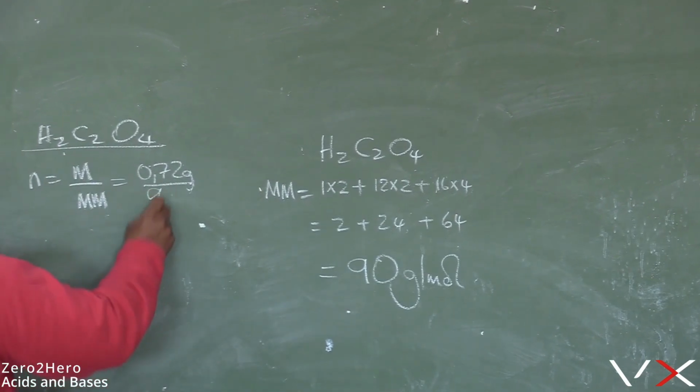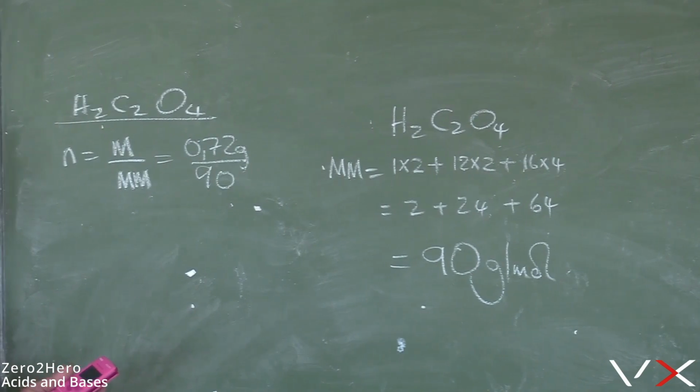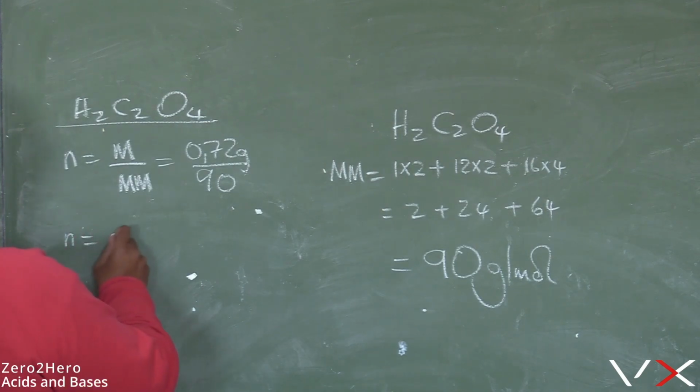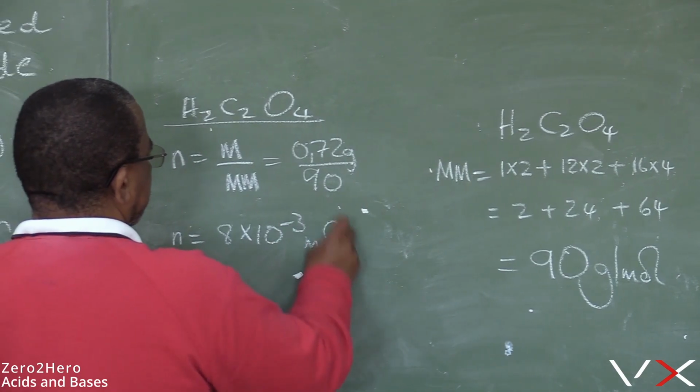Then we divide this by 90. So we say 0.72 divided by 90, and then we have, sitola, number of moles, it's 8 times 10 to the power minus 3 moles.